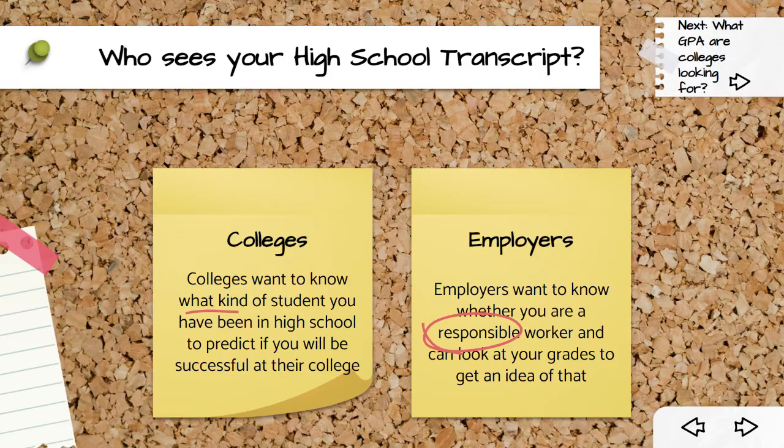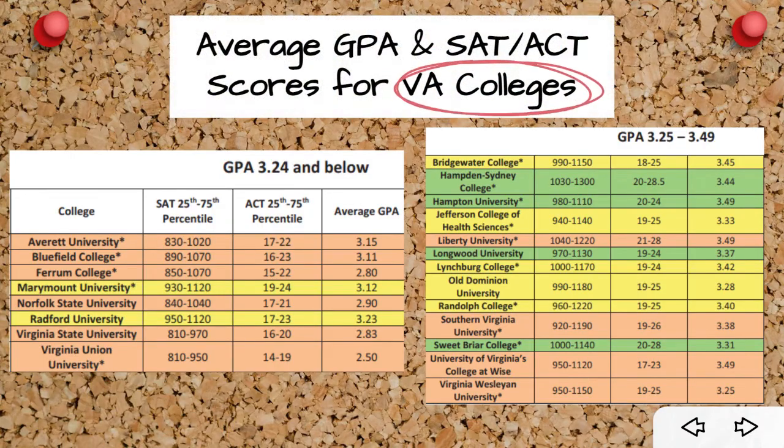Let's take a look at what colleges are looking for with your grade point average. This right here is a list of colleges in Virginia. If you look over here on the left, we have Norfolk State University. The students that are being accepted to Norfolk State have an average of 2.9 grade point average.